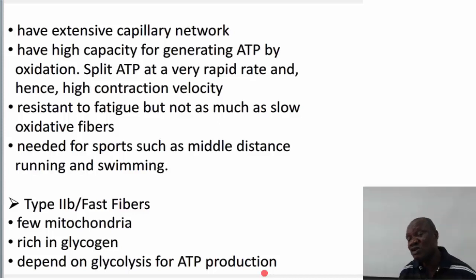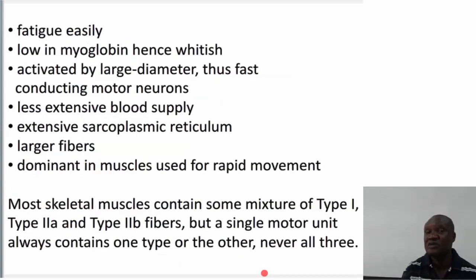Rather, they use glycogen because they are rich in glycogen. So they depend on the glycolytic pathway to generate ATP. And they easily fatigue. They easily become tired. They have low myoglobin, so they look white. They look whitish because the myoglobin concentration is very low.